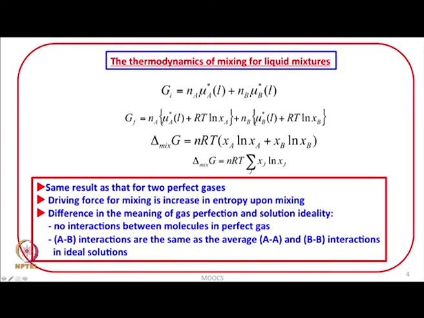That means the driving force for mixing is the increase in entropy upon mixing. And as I was earlier commenting, there is a difference in the meaning of gas perfection and solution ideality. For a perfect gas, there are no intermolecular interactions.